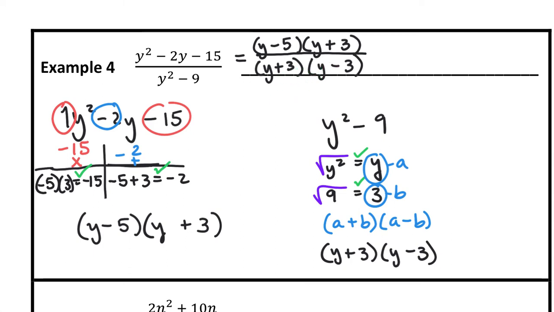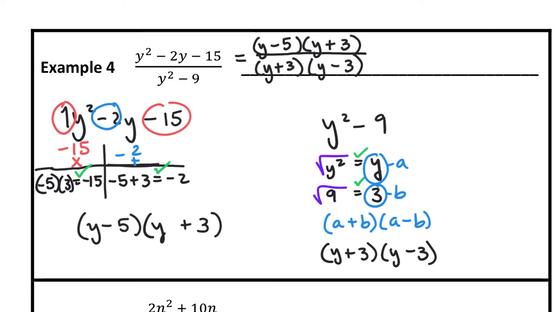Okay. So I'm working out this problem. This gives me y minus 5, y plus 3. I copy that on the top because that's what it worked out to when I factored using the table method. Then using this other method, I got that y squared minus 9 becomes y plus 3, y minus 3.